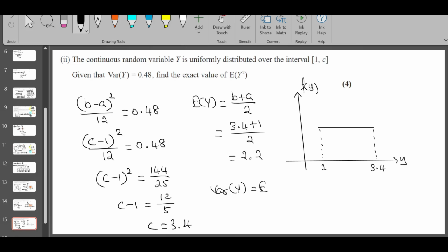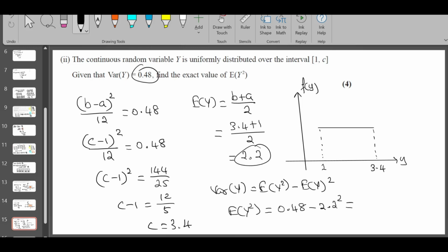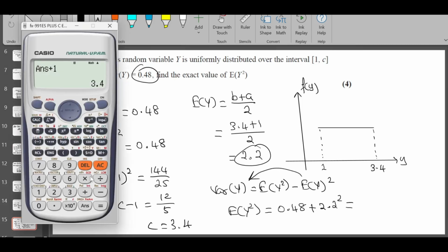Variance of y is e of y square minus e of y whole square. So when you rearrange it, e of y square is the variance of y, which is given here, and e of y we just calculated, 2.2, whole square. Sorry, minus becomes plus when you bring it to this side. So 0.48 plus 2.2 square.